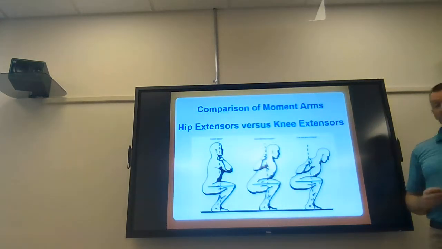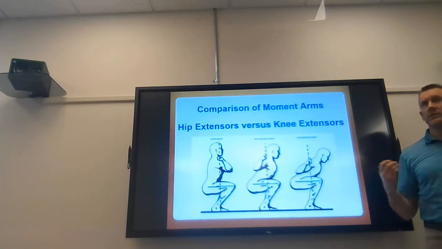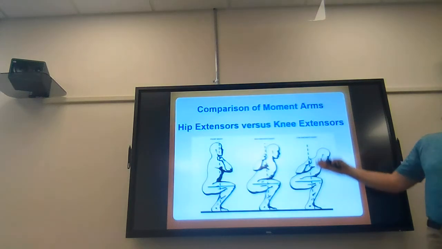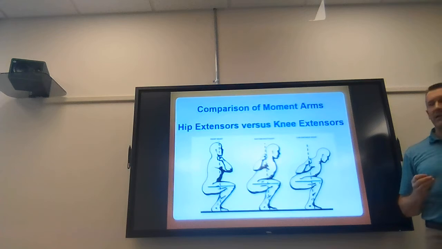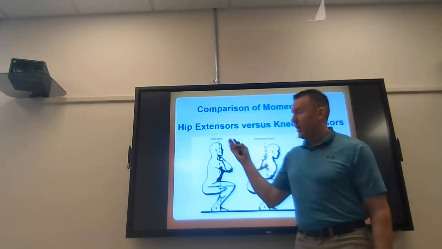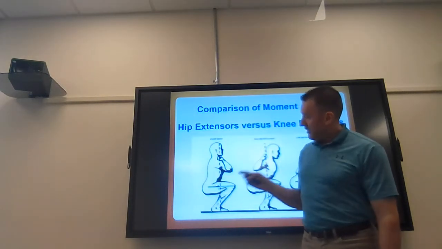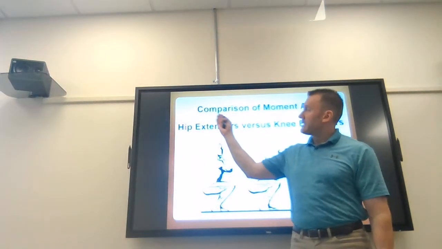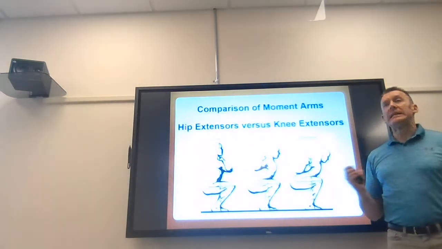For a low bar back squat, it's more across the mid trapezius and posterior deltoids. So you can see the bar, and I call this the line of action for gravity. Where the bar is held creates different moment arms at the hip and at the knee joint.